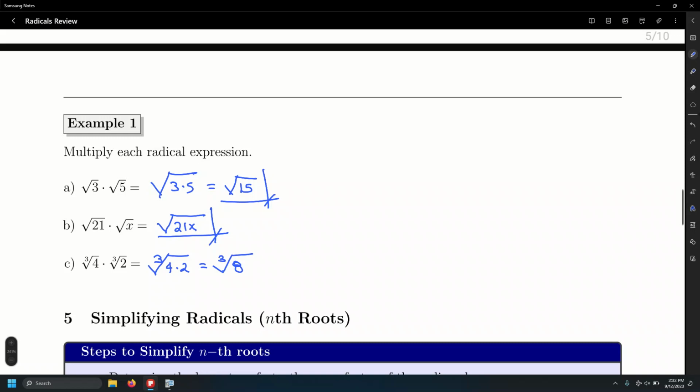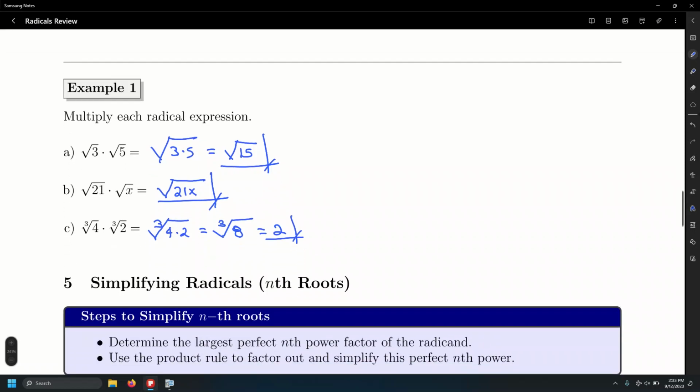However, in comparison with the examples we did for A and B, this number has a perfect cube root, because the number whose cube is 8 equals 2. All right. So that's combining radicals via multiplication.